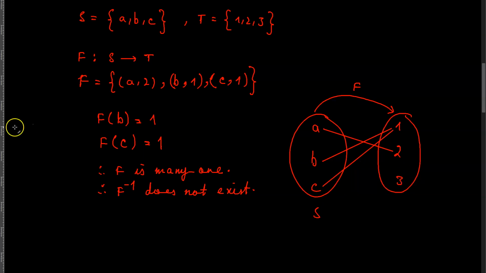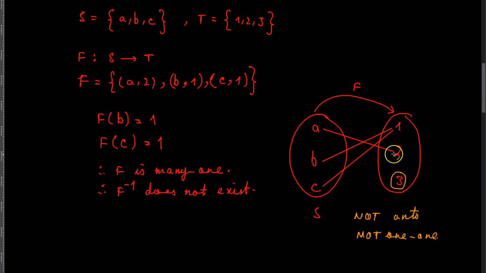So you can see that first of all, this element here is not the image of any element in the domain of the function, meaning that the function is not onto. And secondly, the function is many-one, meaning that the image of b under f is 1, and the image of c under f is again 1. So it is not 1 to 1.